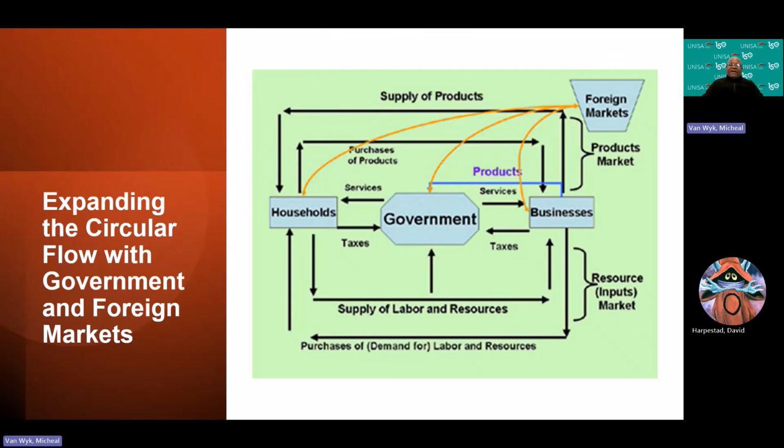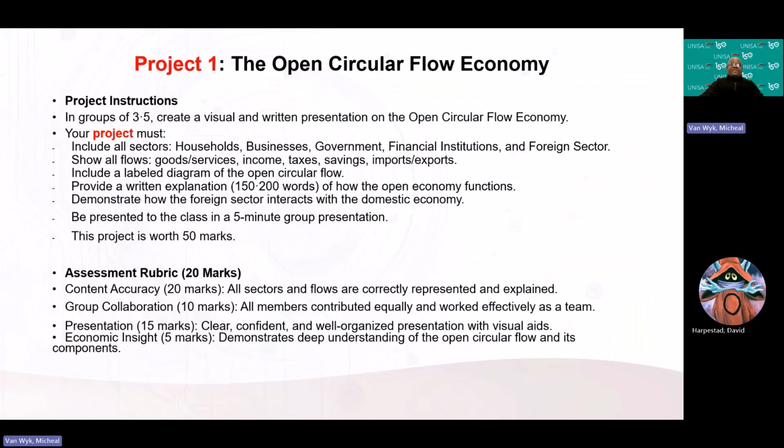So that is your foreign markets. And these foreign markets are helping us to grow the economy, and they are a very important part of the circular flow. Now you have learned about the closed economy. You've learned now about an open economy.